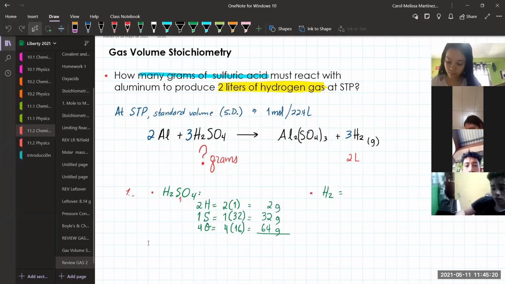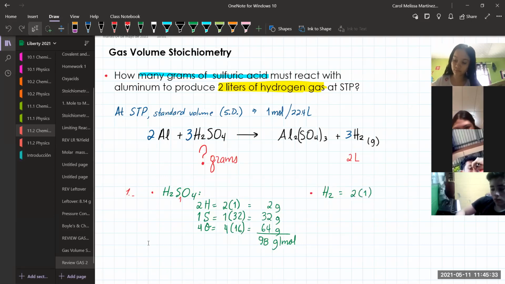Yes. 98 grams. I cannot add anymore. Okay. Now for hydrogen, I have 2 times 1, which gives me 2 grams per mole.